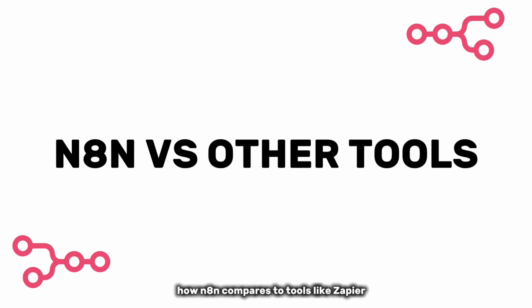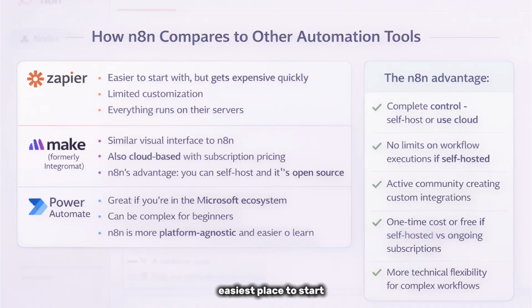You might be wondering how n8n compares to tools like Zapier, Make, or Power Automate. Zapier is usually the easiest place to start, but it gets expensive quickly and offers limited customization since everything runs on their servers. Make feels closer to n8n with a similar visual workflow builder, but it's still cloud-based and locked into subscription pricing.